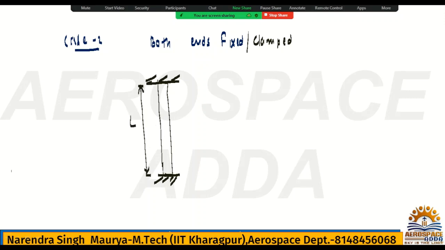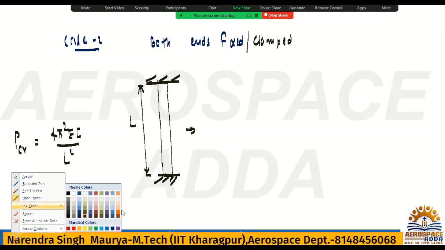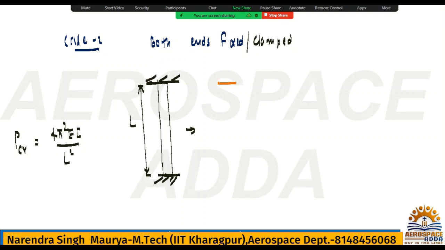If you calculate the PCR for this, you will get the formula 4 pi square EI divided by L square. Now if you check this column, because it's a fixed column, this is the fixed end for both.